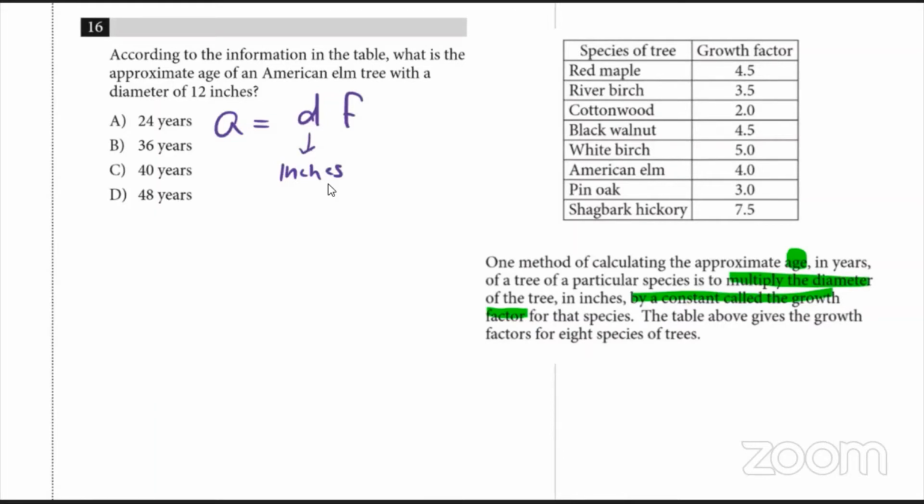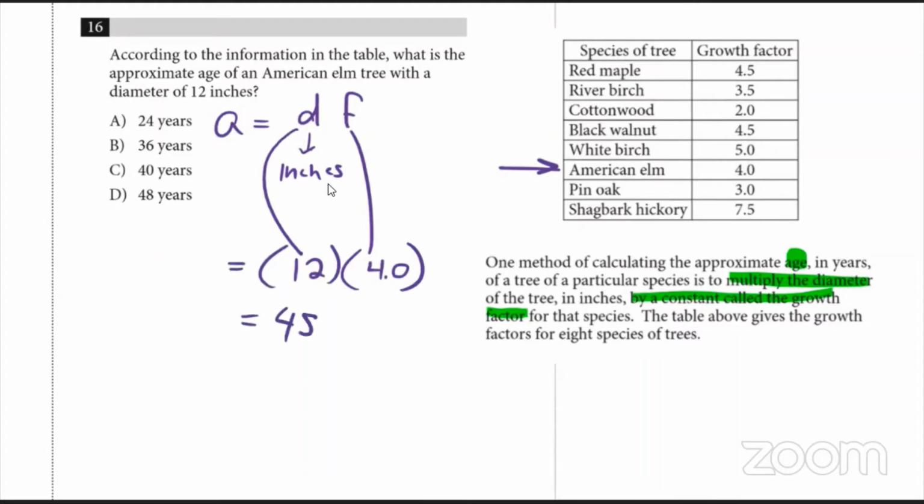What is the age of an American elm tree with the diameter of 12? So the American elm has a growth factor of 4.0. The diameter is 12. Therefore, the age is 12 times 4.0. So it's 48. And the answer to number 16 will be D.